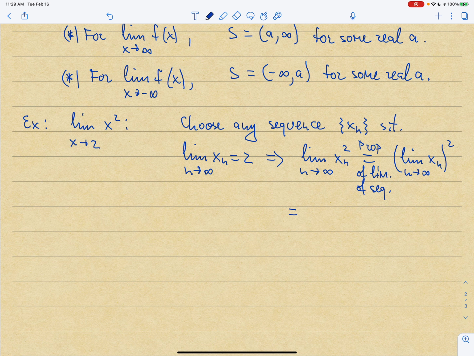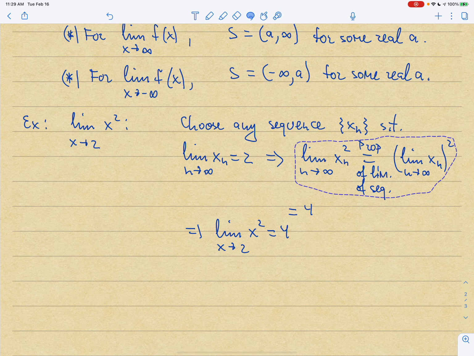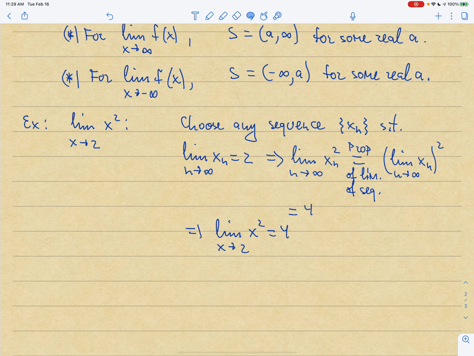The limit of xn is equal to 2, so this is 4. And this is true for any sequence, right? So therefore, the limit x goes to 2 of x squared is going to be equal to 4.